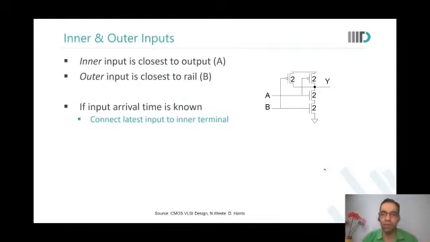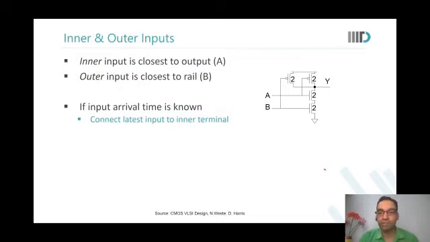And if I have a different structure where A and B are in parallel connected to Y and C is in series connected to ground, that will have a different delay. There will be different delays for A, B, and C to the output in these two structures, and you have to design appropriately.